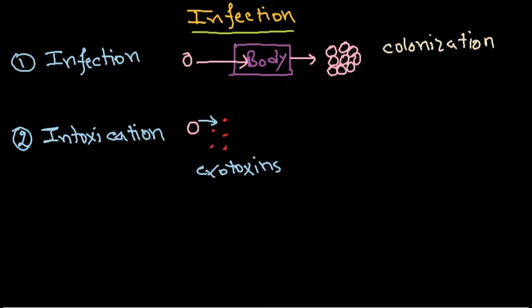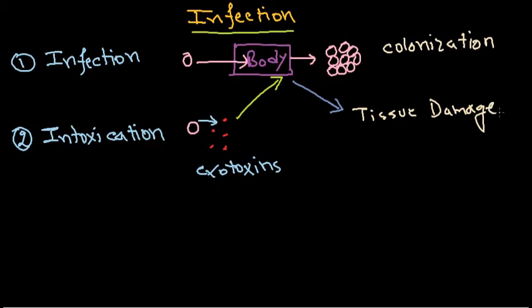Now this exotoxin can enter into our body. If this toxin enters into our body, then in those cases this toxin can cause diseases or different kinds of symptoms. What are the different symptoms? It can be severe tissue damage. Tissue damage can be a part of that.